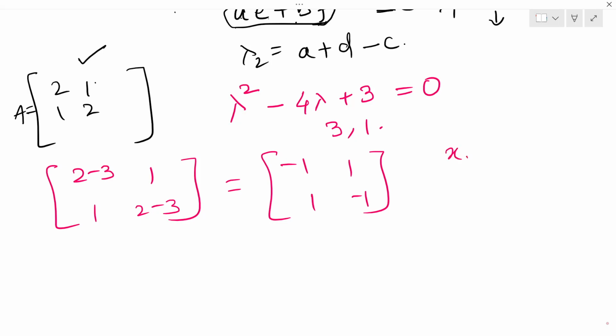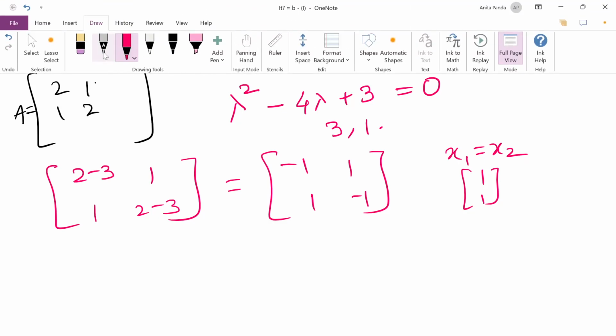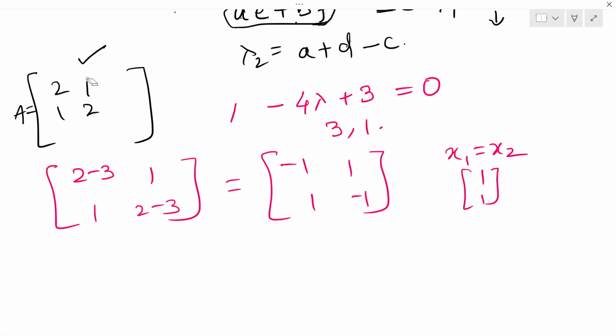X1 is equal to X2. So what about the vector? 1 1 is an eigenvector for this matrix. Similarly, now I have got 1 1. Let us assume that nothing is known to me, all these things are not known to me.